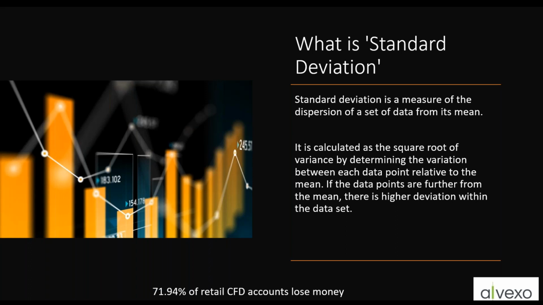Standard deviation is a measure of the dispersion of a set of data from its mean. It's calculated as the square root of variance by determining the variation between each data point relative to the mean. If the data points are further from the mean, there is a higher deviation within the data set. Well, that was a mouthful, wasn't it?